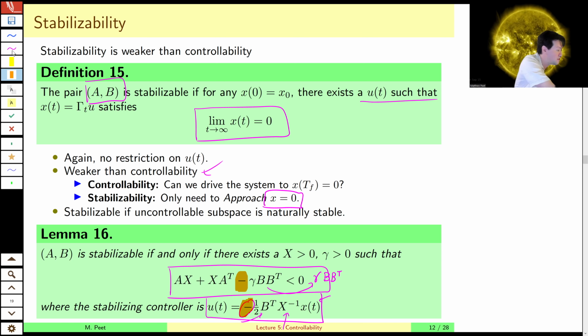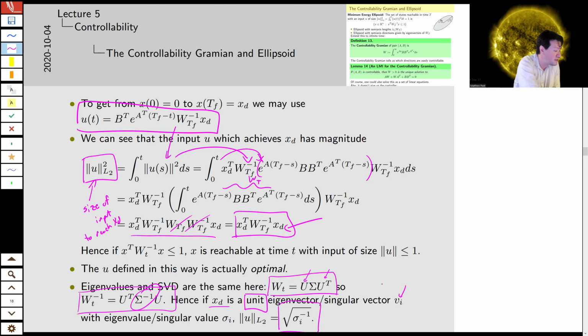So this is interesting in a couple ways. First of all, of course, it's a feedback controller, as opposed to an open loop input. Before we had an input that looked like this. There's a B transpose here and a W inverse with this other stuff here. So that was getting us to a particular state. That was open loop.